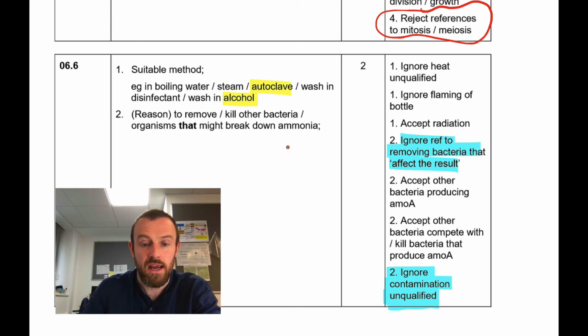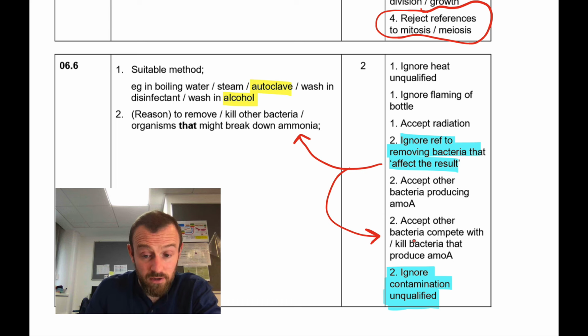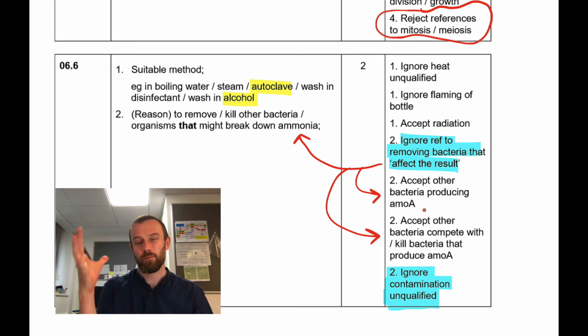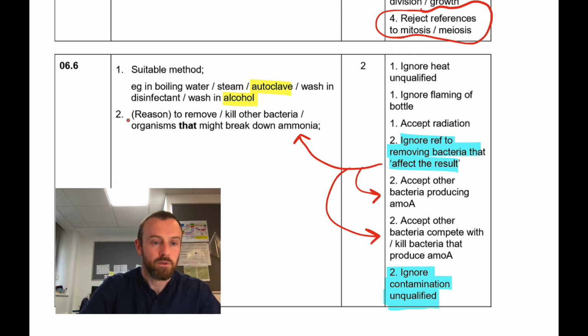You could say that these other bacteria might break down ammonia, that they might compete with the nitrifying bacteria, or they might even produce ammonia. So there's three options for how these other bacteria might mess up the results. You've got to say that.